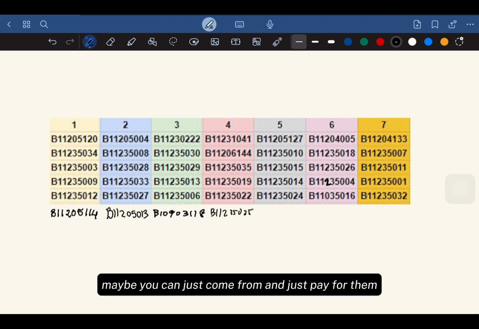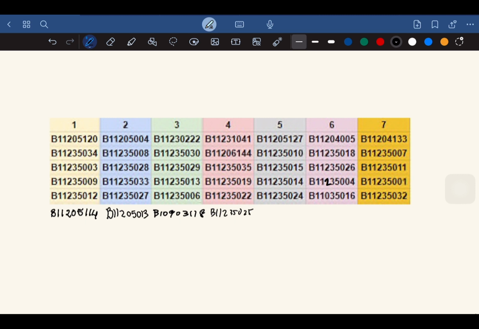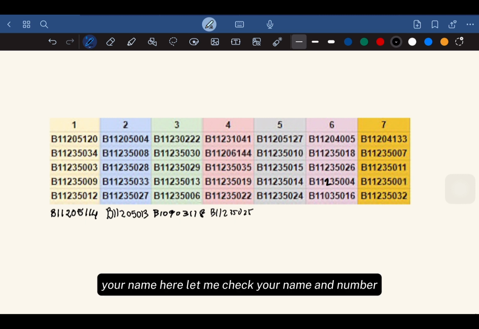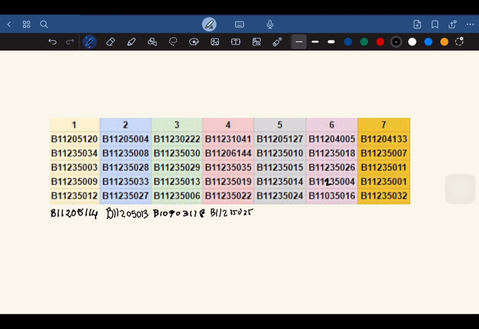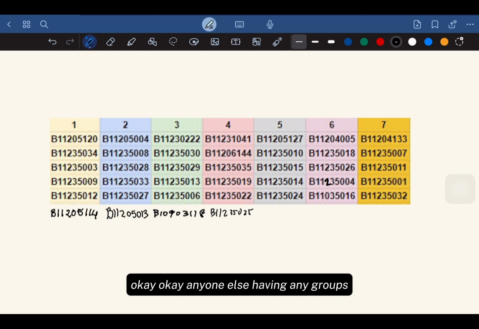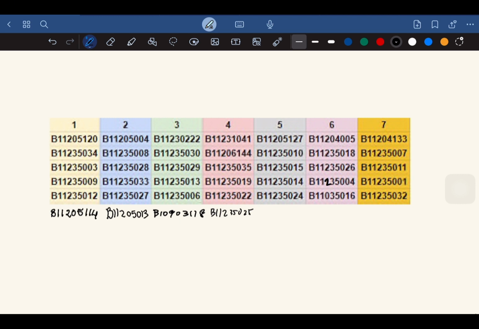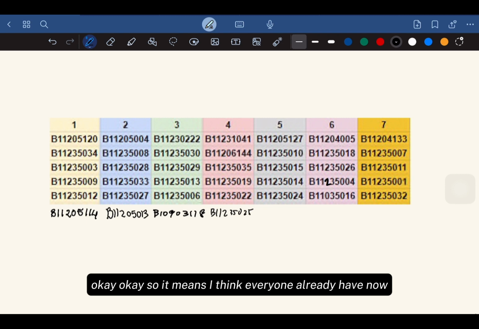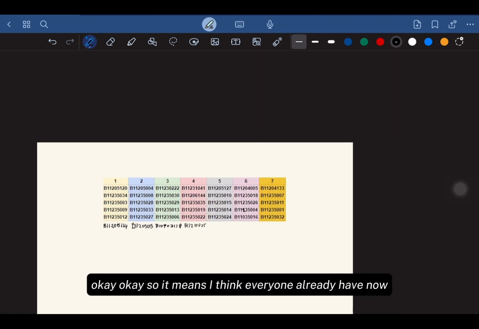Maybe you can just come and take a photo. Have you checked your group number? Group 3? Okay, anyone else not having any groups? Okay, so I think everyone has one now.